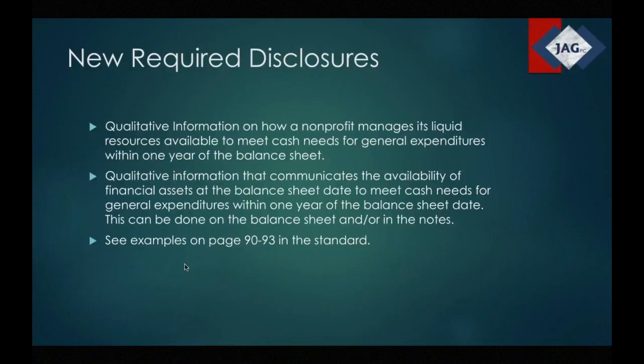The contributions receivable are subject to time restrictions but are expected to be collected within 1 year. Not-for-profit A has a goal to maintain financial assets, which consist of cash and short-term investments on hand, to meet 60 days of normal operating expenses, which are on average approximately $275,000. Not-for-profit A has a policy to structure its financial assets to be available as its general expenditures, liabilities, and other obligations come due.